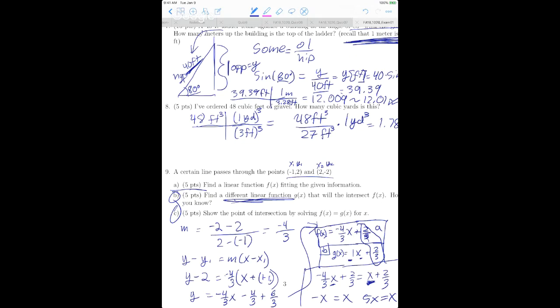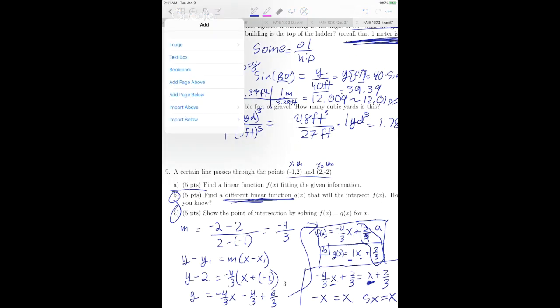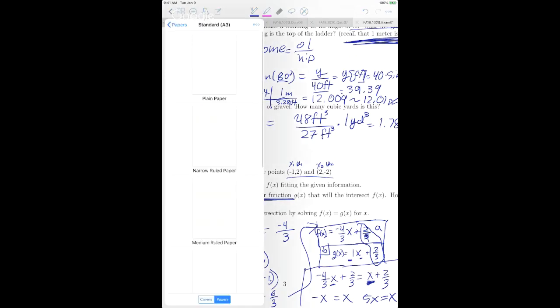But so that's the conceptual. Let me, page below, plain paper. Okay, so let's just do the solving to see what happens. Negative 4/3 x plus 2/3 is equal to x plus 2/3.